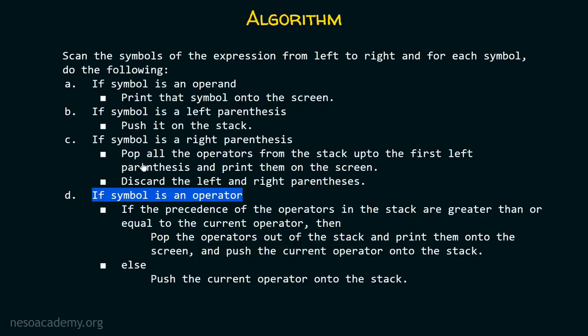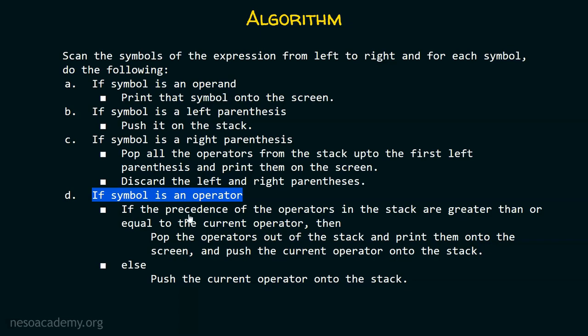According to the algorithm, if the symbol is an operator and if the precedence of the operators in the stack is greater than or equal to the current operator, understand this. We have to compare the precedence of the operator on the stack and the precedence of the current operator. Fine? Now, this means we have to compare the current operator with all the operators of the stack.